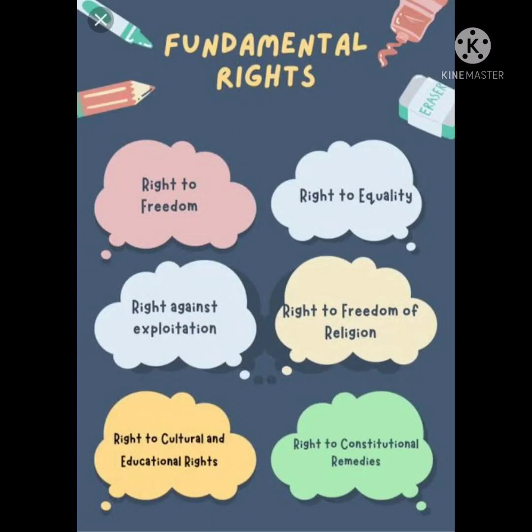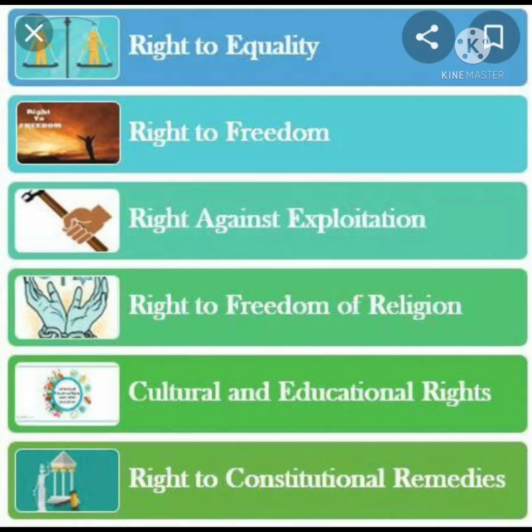Now, right against exploitation. This right includes prohibition of traffic in human beings and forced labor, and prohibition of employment of children in hazardous jobs. Next, right to freedom of religion.